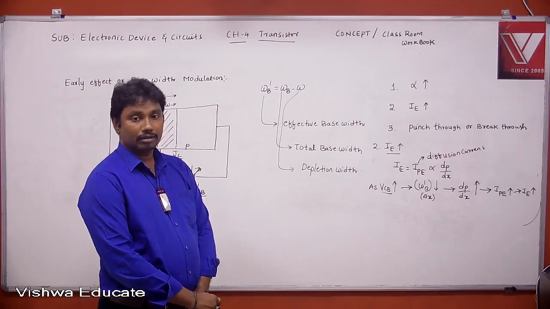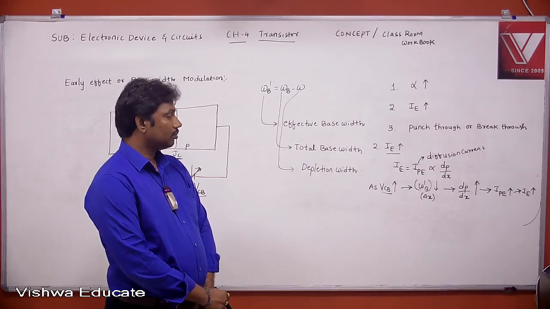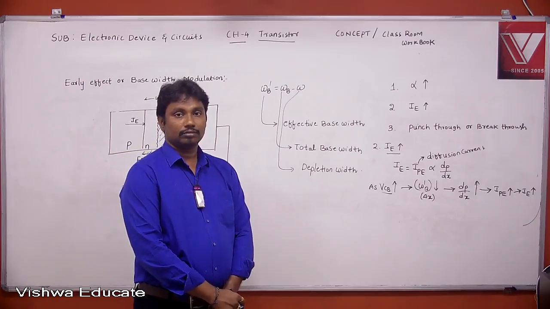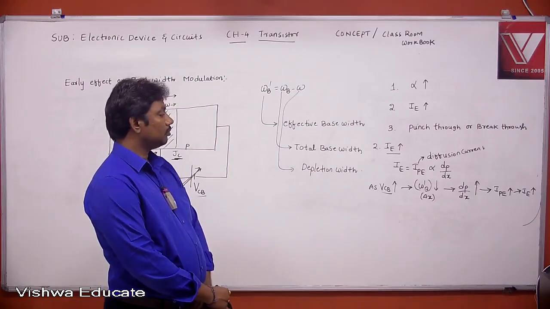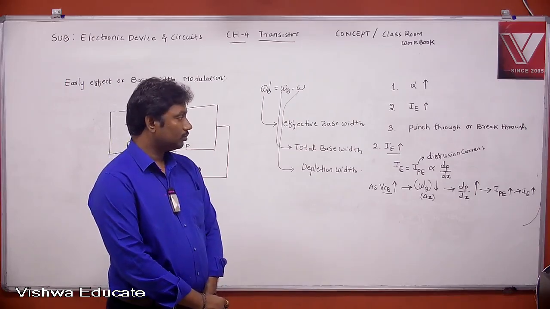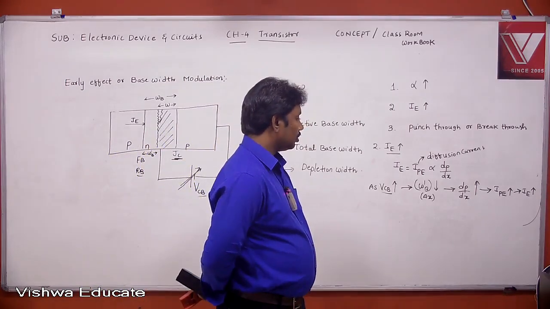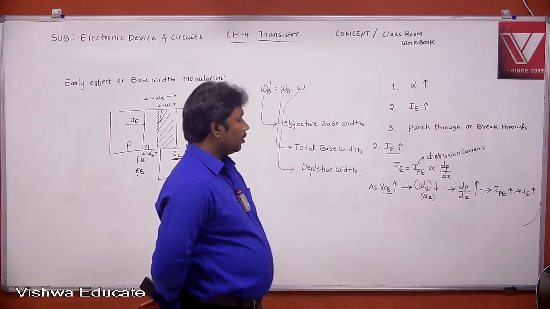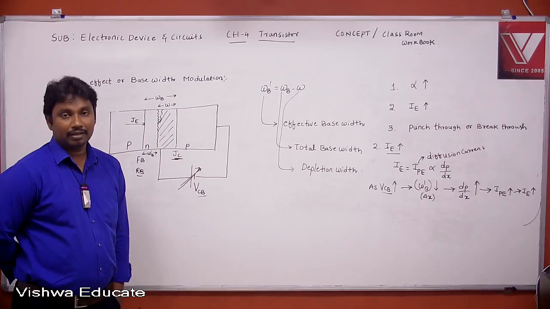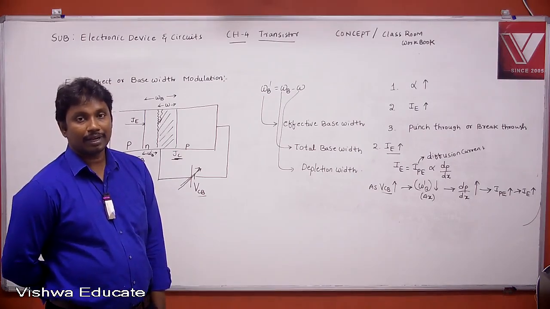Second, when the voltage at the collector junction is increased, the current at the emitter junction is increased.